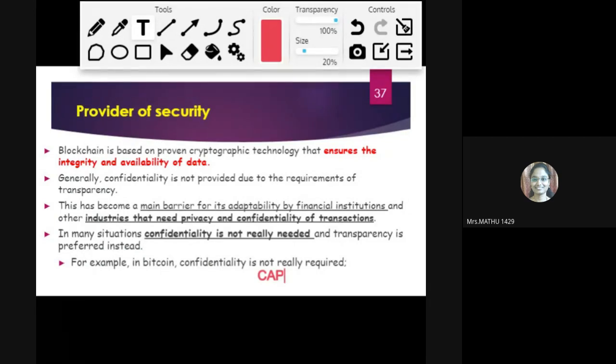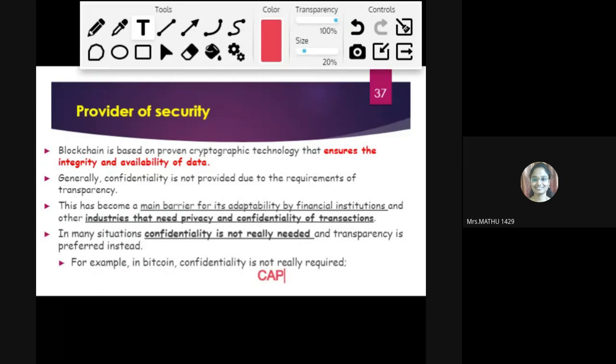But transparency means the data should be visible and available to all. In the case of financial institutions, that is not possible. You cannot show the transactions to everyone, who has sent money to whom. You cannot reveal these things to everyone.